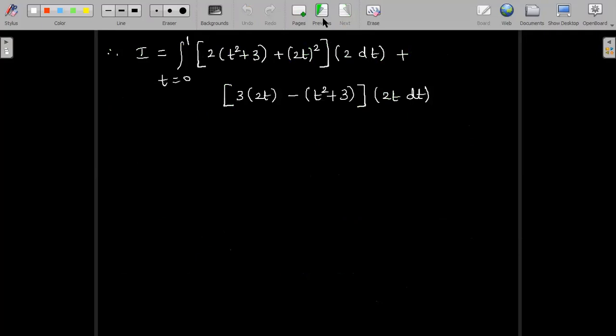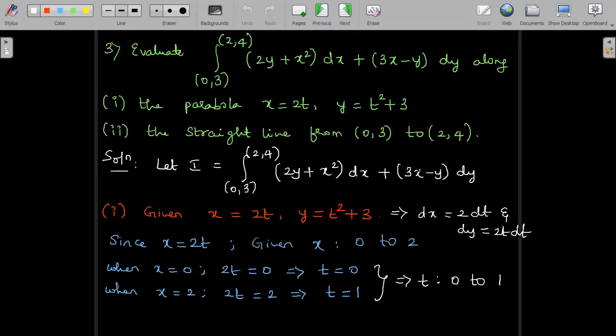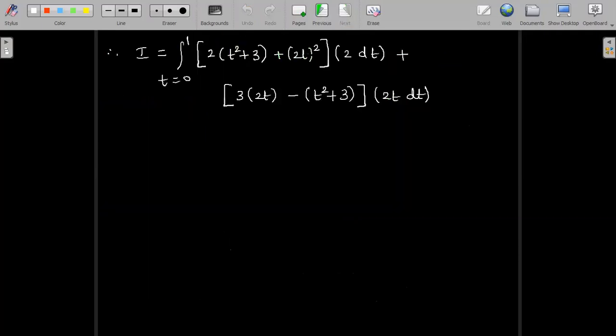Similarly, the second term is 3x minus y into dy. So 3 into x, 2t, minus y, y is t square plus 3, into dy, and dy is 2t dt. Now we will simplify this and integrate. First we need to simplify, later we can integrate easily. So integration t is equal to 0 to 1.